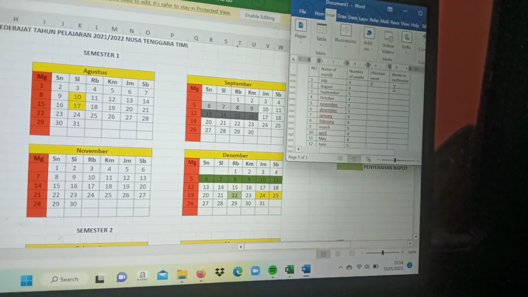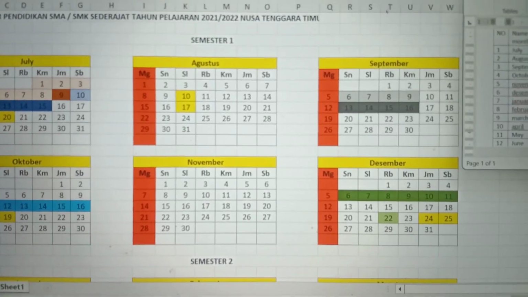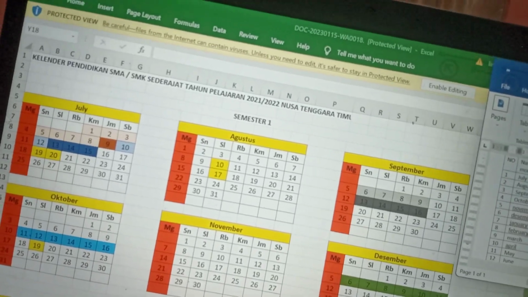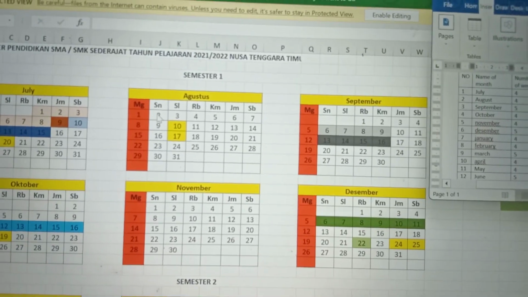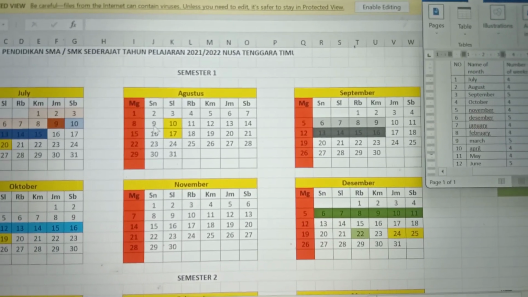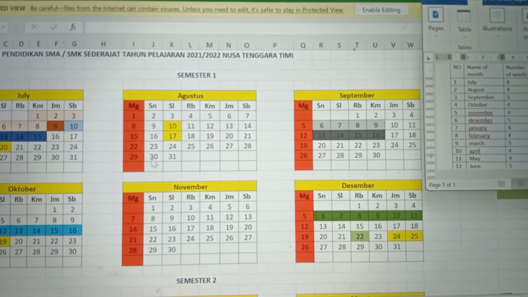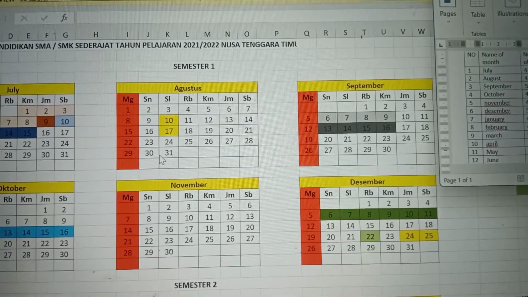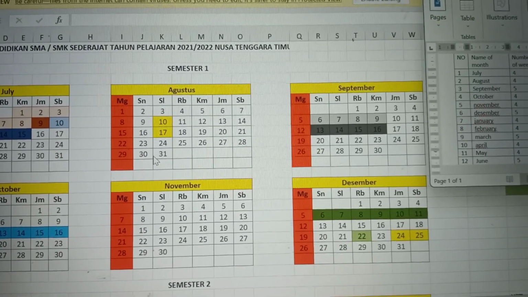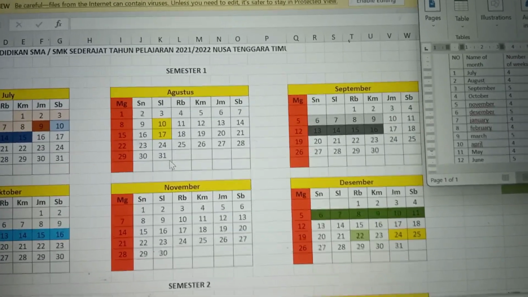And for August, in August we can see the effective weeks is 1, 2, 3, 4, and the last week is not effective, not included in effective weeks, because it only has 2 effective days.